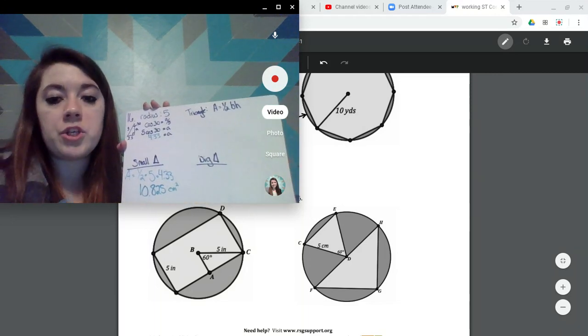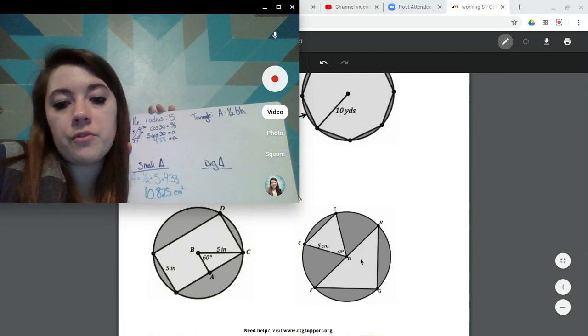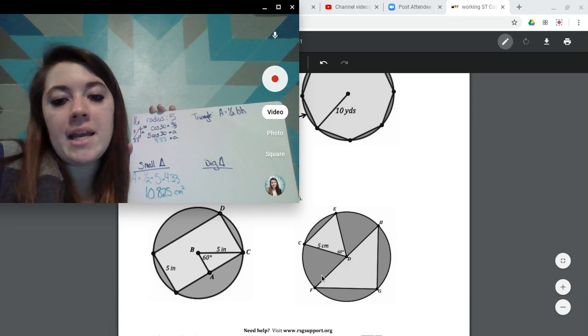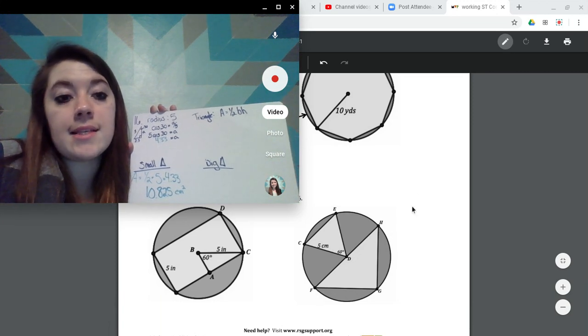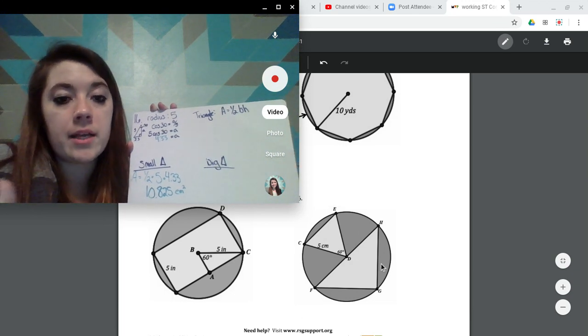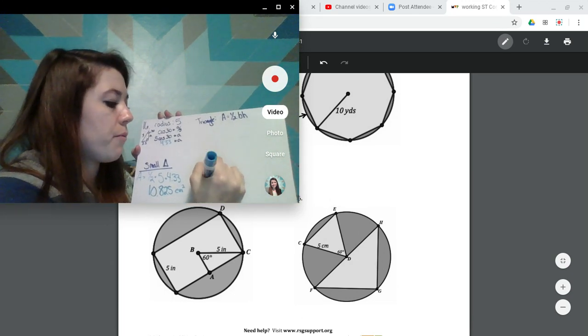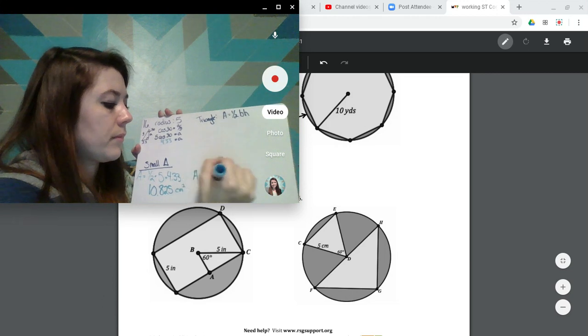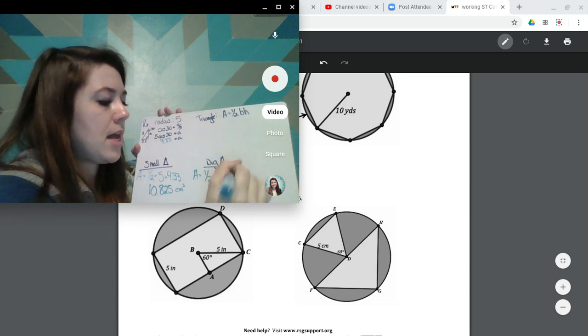Now we're going to do the big triangle. So on this big triangle, if you look down here, the base of this triangle is the diameter of the circle. So if the radius is 5, the diameter is 10. So we have 1/2 times 10 times.